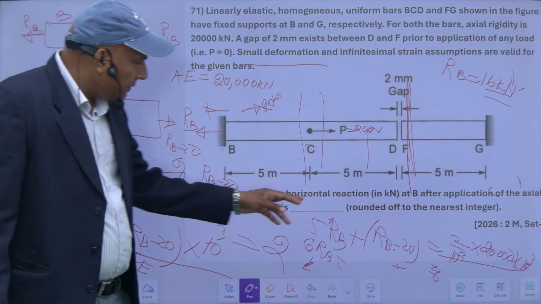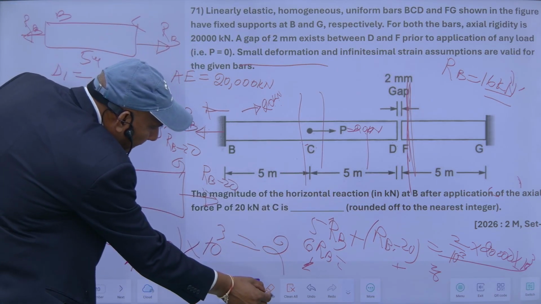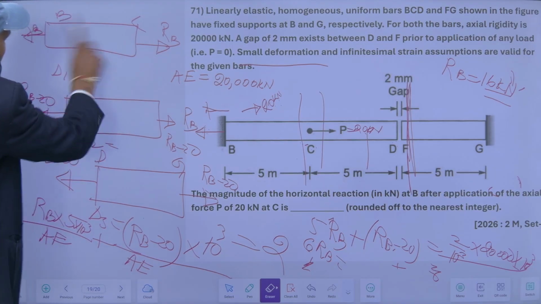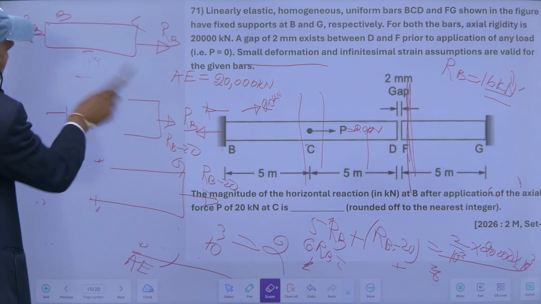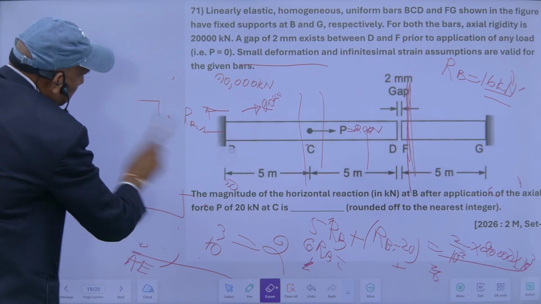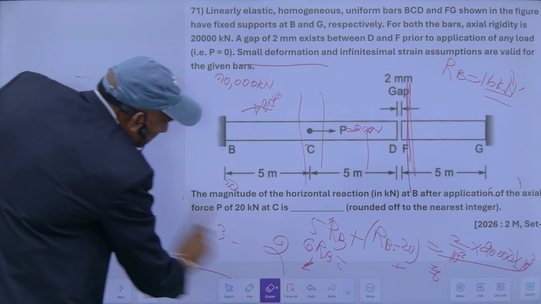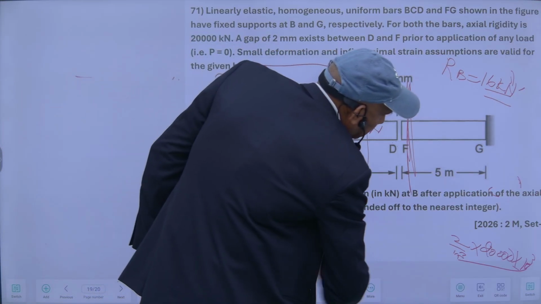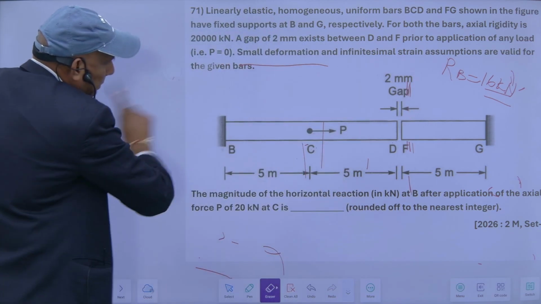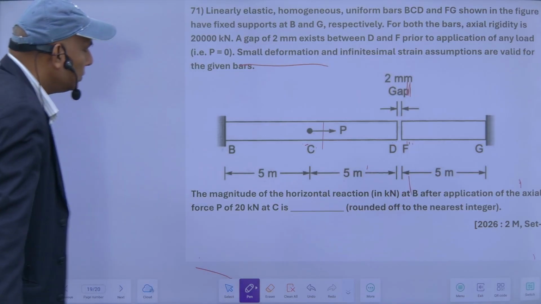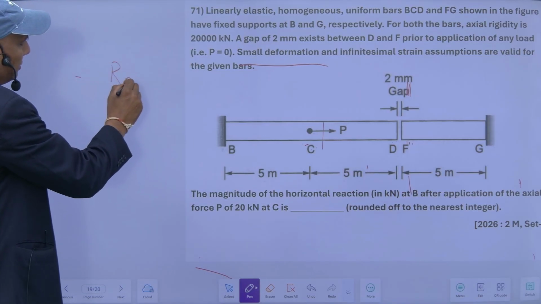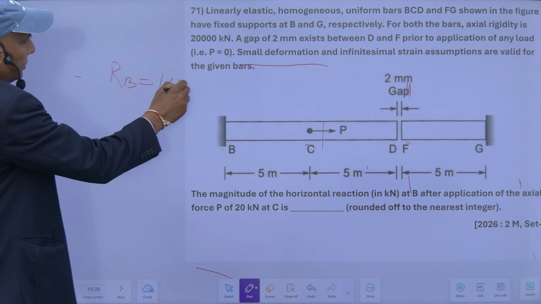The magnitude of the horizontal reaction, so RB is equal to, after calculation you will have 16 kilonewton.